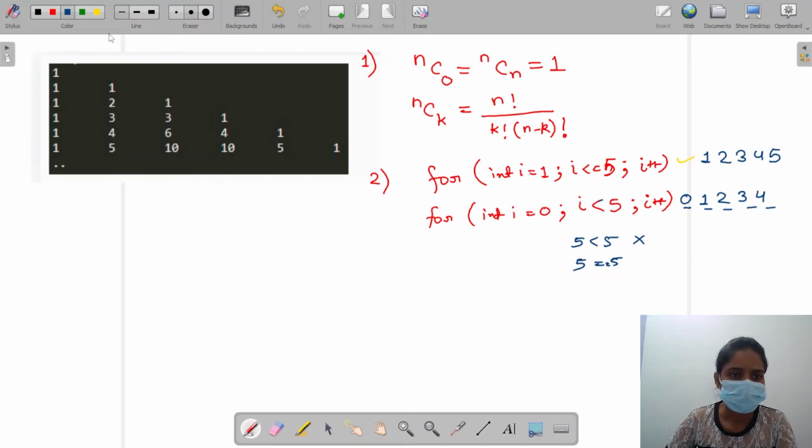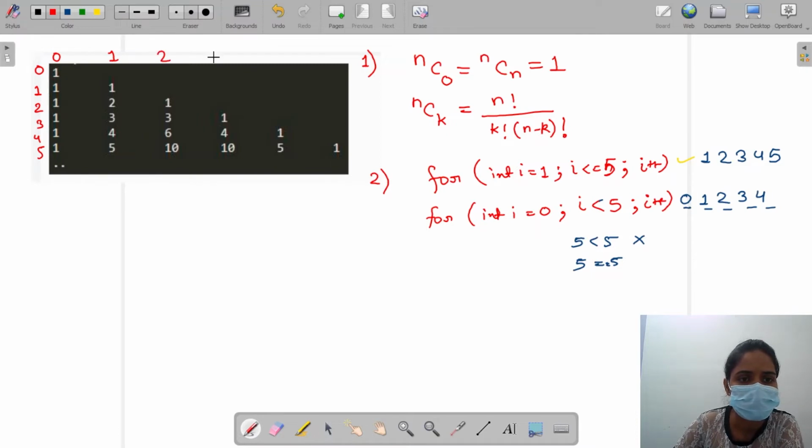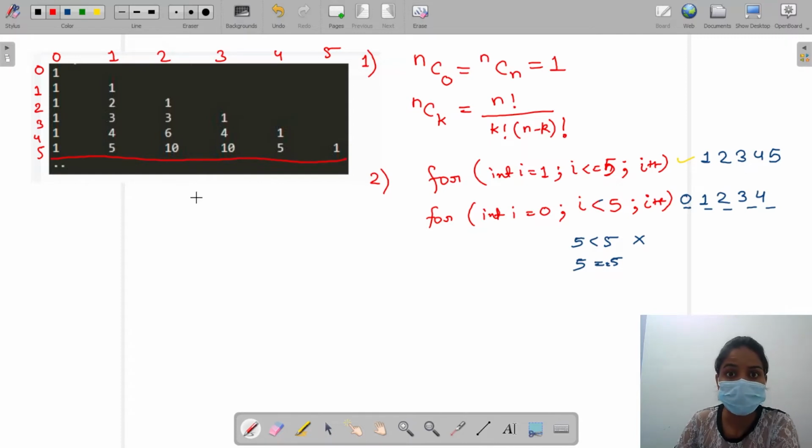Now, see, this is my 0th row, then first, second, third, fourth, and fifth. Okay, 0th column, first column, second column, third, fourth, and fifth column. Now observe this fifth row, have your eyes on this fifth row. Can I write this 1 as 5C0?